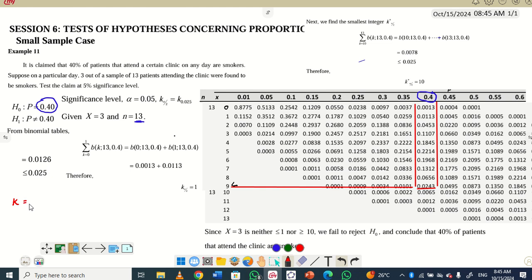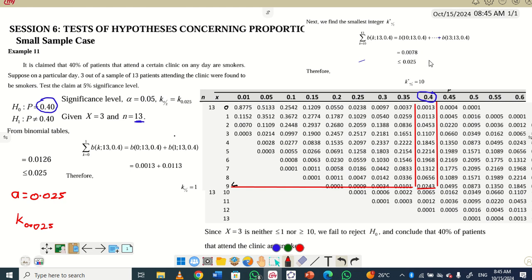So we are finding k. Because it's a two-tailed test, alpha will be divided by 2. So alpha is equal to 0.025 for two-tailed. Therefore, we are looking for k at 0.025. So now what you need to do is come to the table.